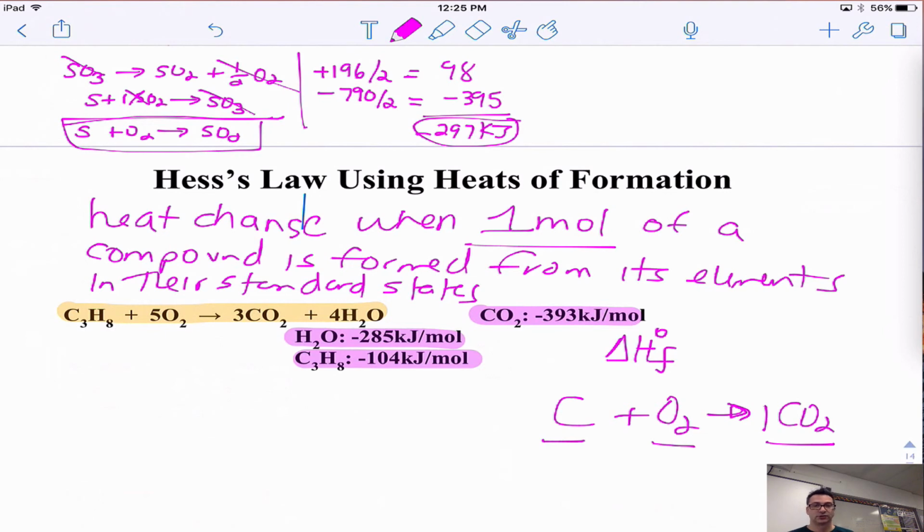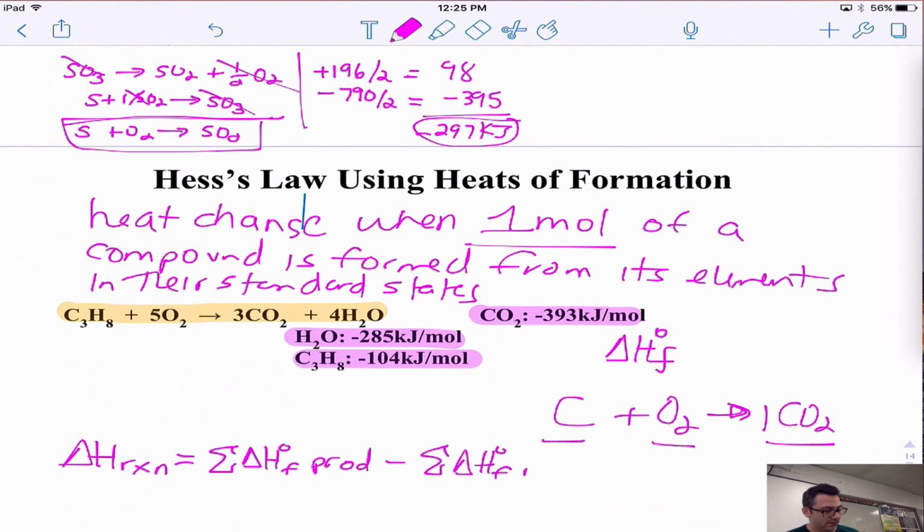That means standard heat of formation. The shortcut looks like this. The delta H for an overall reaction, RXN, is equal to the sum of the delta H of formation of the products minus the sum delta H formation of the reactants.